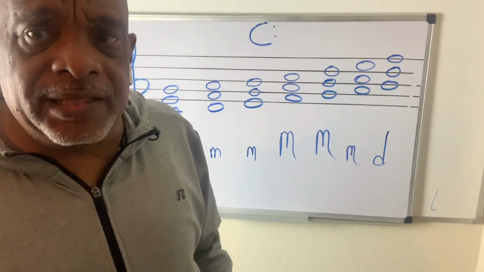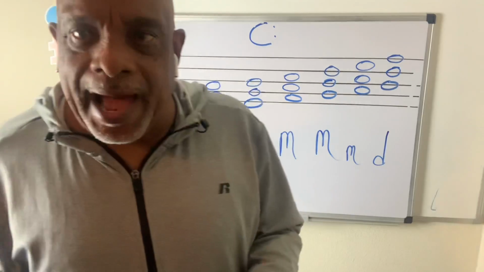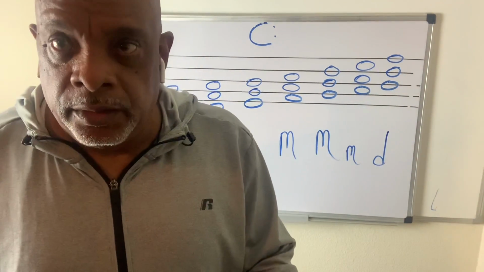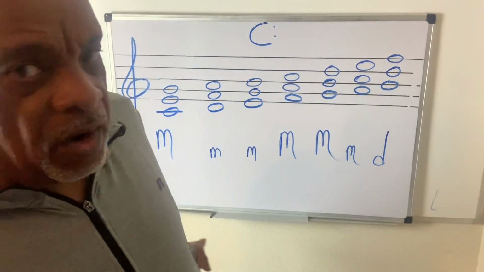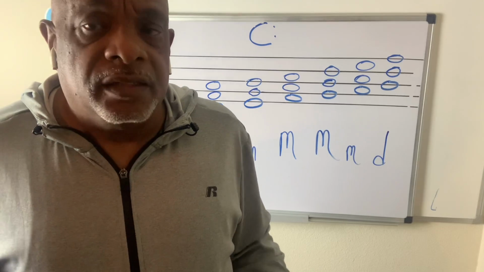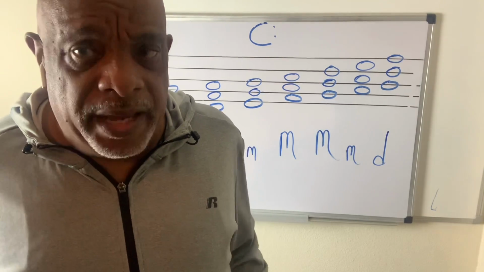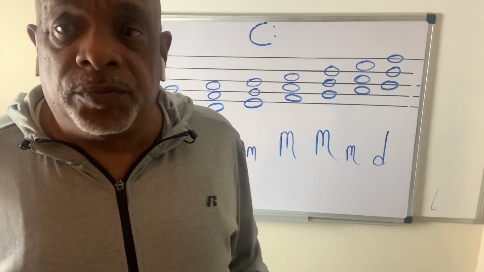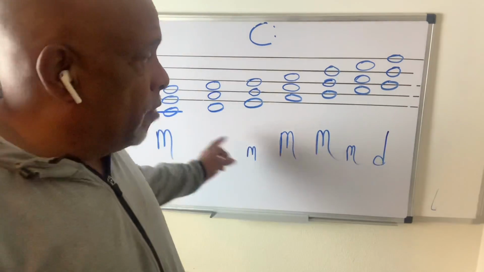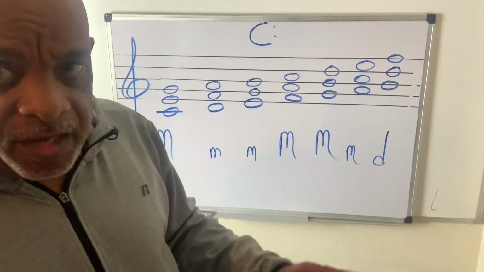But the thing is knowing how to derive or get to this. If you're in A flat, B flat, G major, D major, A major, E major, B, it doesn't matter. It's the same formula.